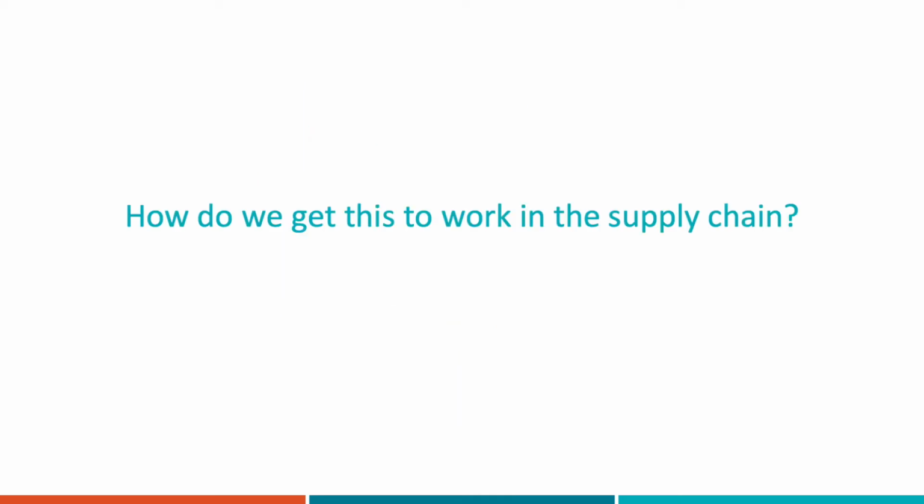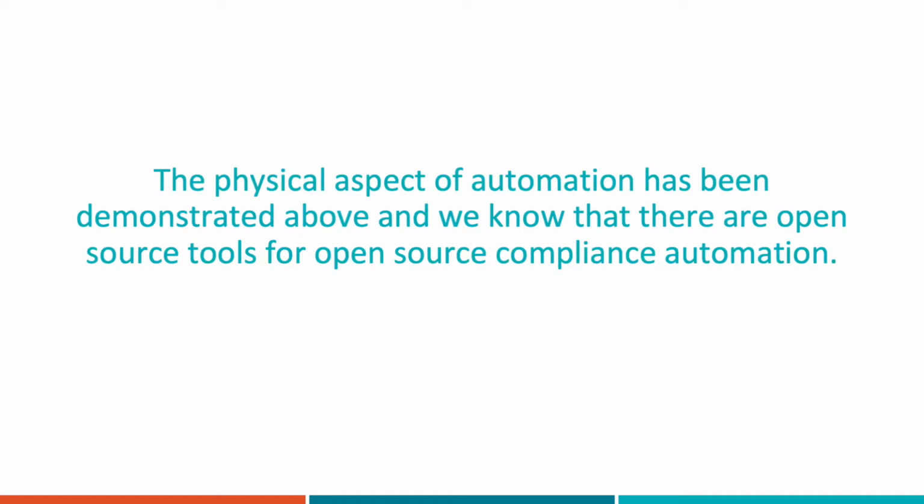How do we get this to work in the supply chain? Those illustrations from Max show us very clearly how the workflows themselves can be, but how do we get this to work? The physical aspect of automation was just demonstrated. And we know there's open source tools for open source compliance.